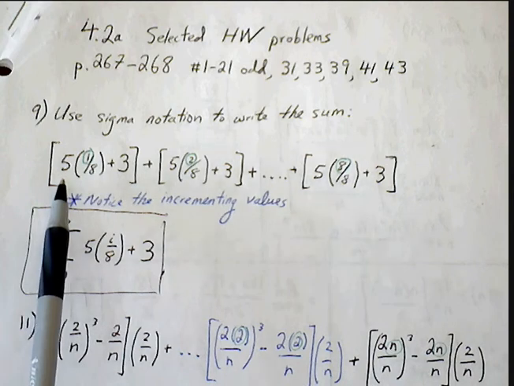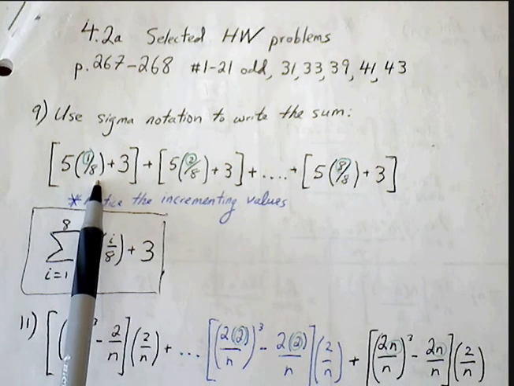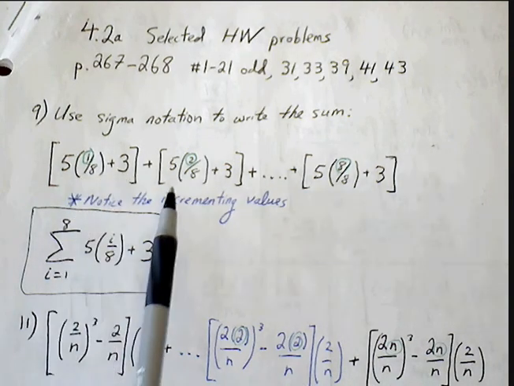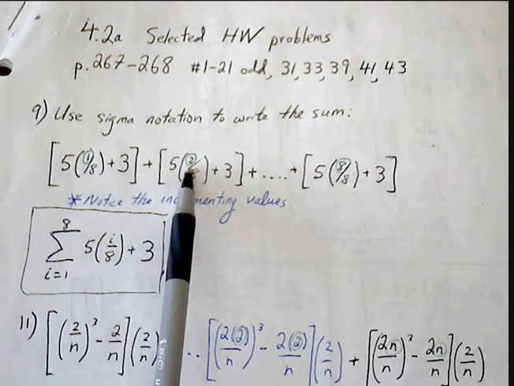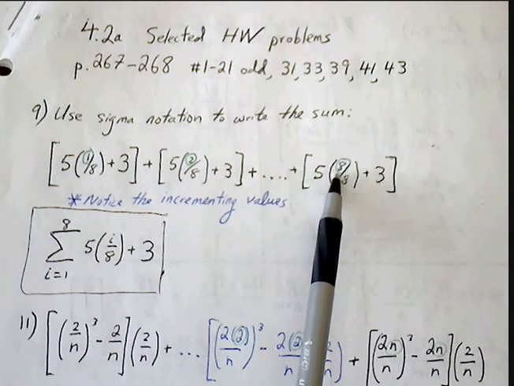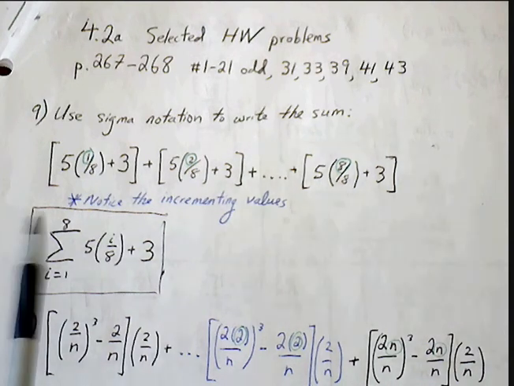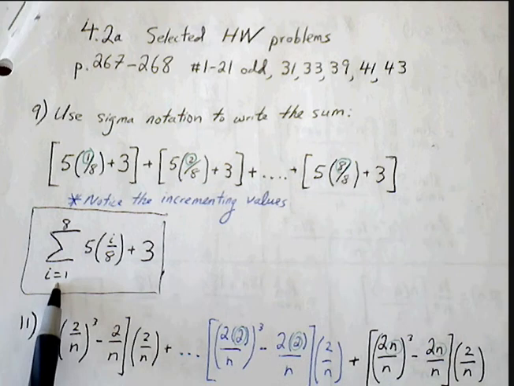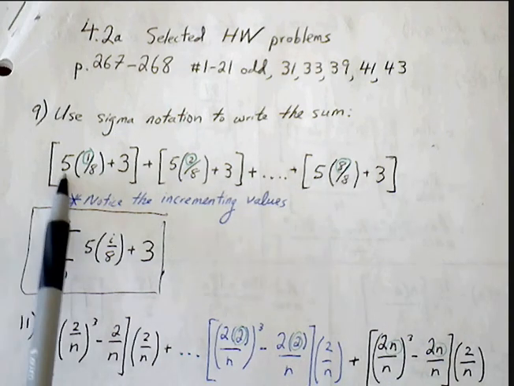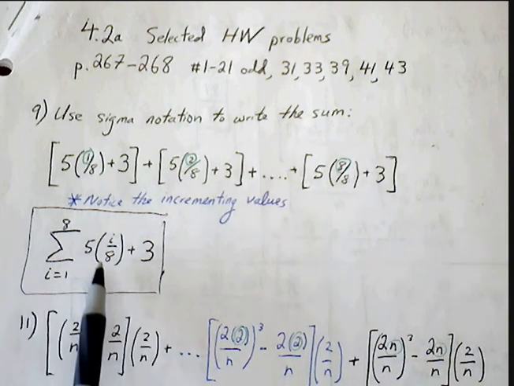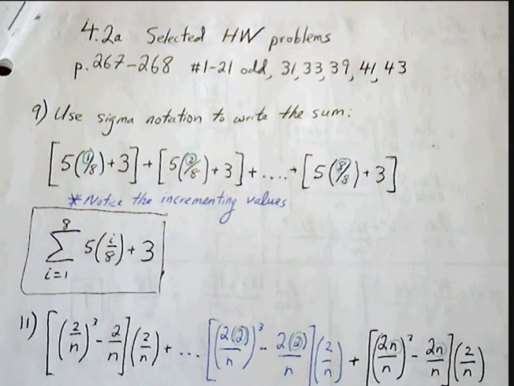Okay, now if you see, the portions that are changing is the 1, the 2, and then goes all the way to 8. So these are the values that we're going to be using as variables, using the index to hold that value.